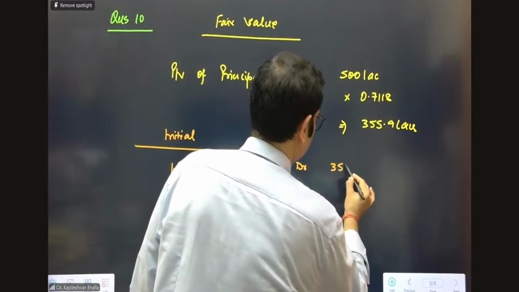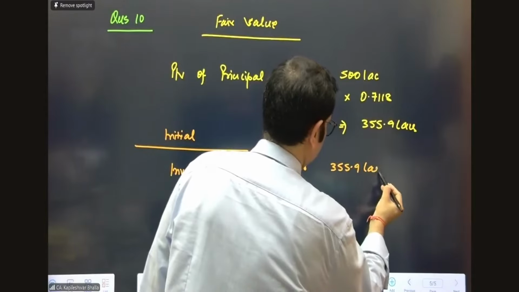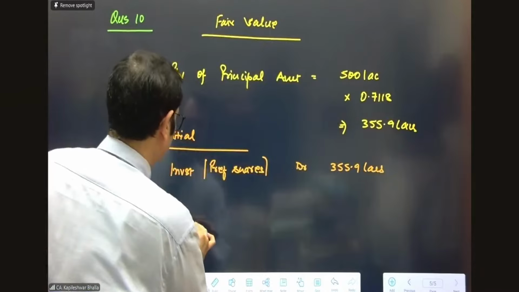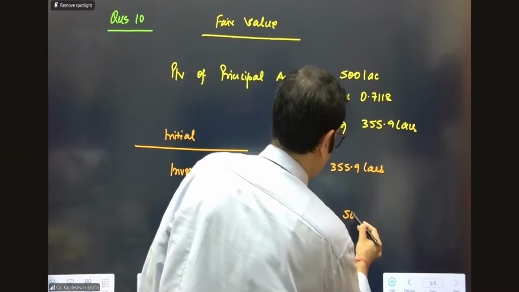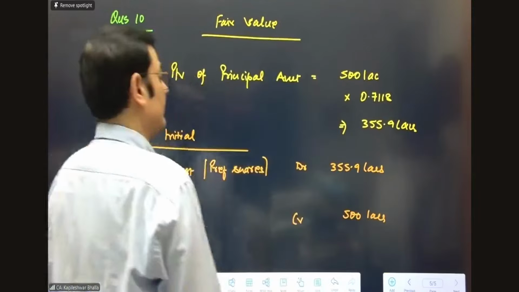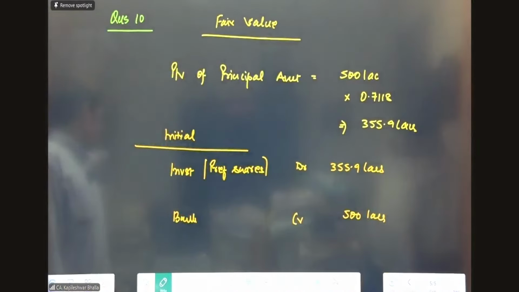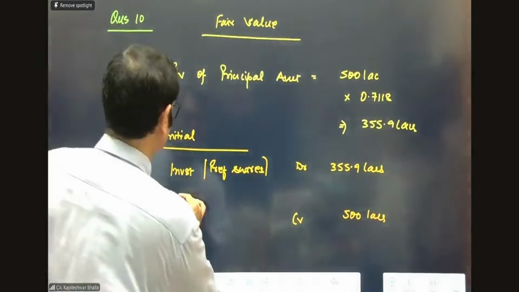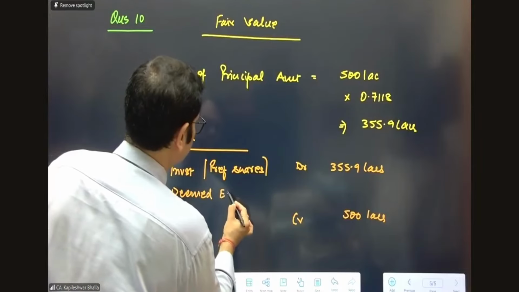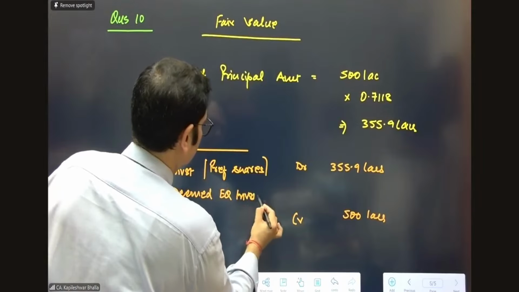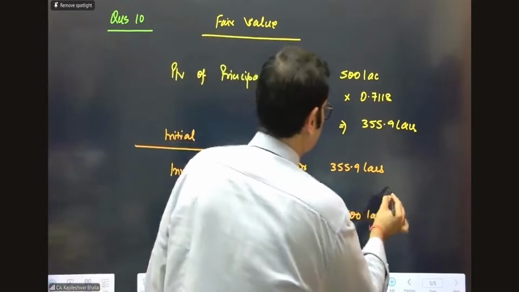This is recorded at the fair value. Then the bank is going to be recorded, of course, at the transaction value, which is 500 lakhs. And the difference, as you rightly said, is going to be a deemed equity investment. So let's call this a deemed equity investment. And this is the balancing figure in this entry.